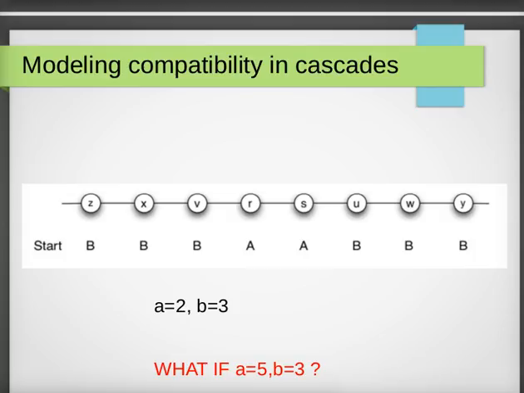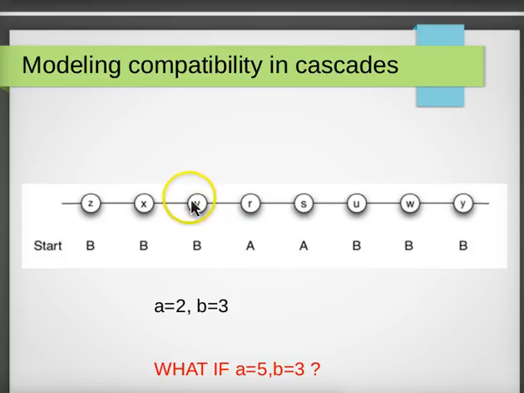Now let us consider this example and try to model it. This figure shows you a network where the nodes R and S are A and the rest of the nodes are B. Let us see how this cascade will go around. I have not mentioned the value of C here. C here is 1. That is, if you want to use both A and B, you have to incur a cost of 1.